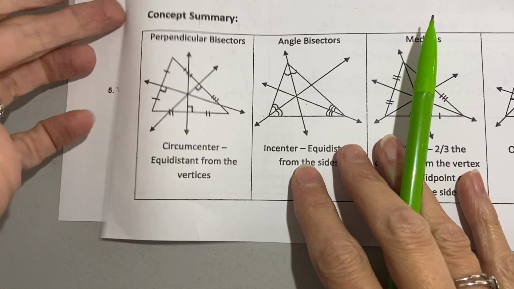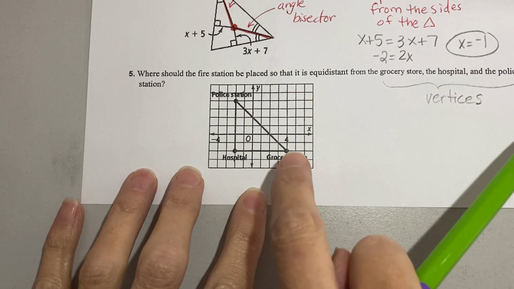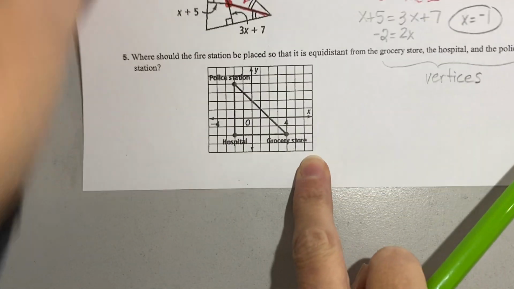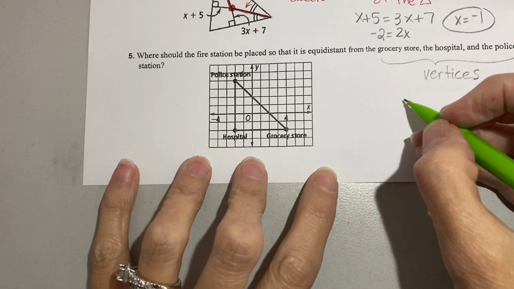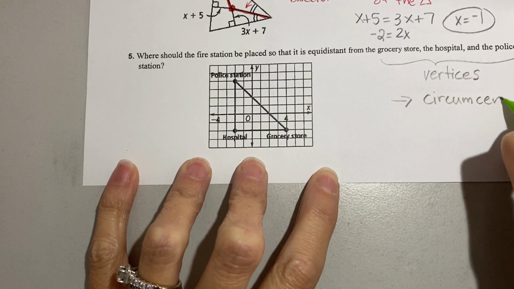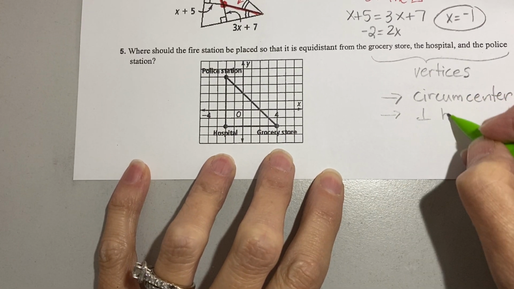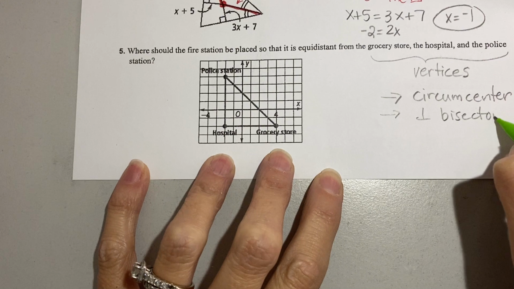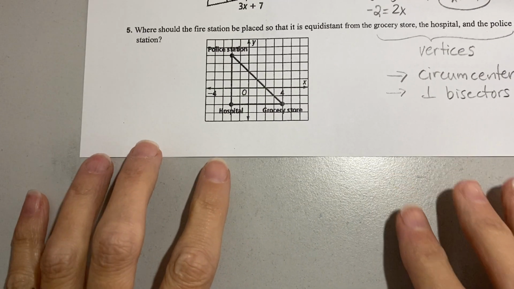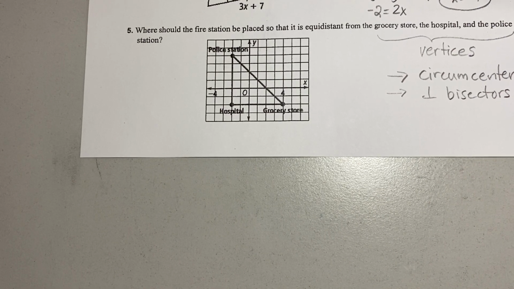So it doesn't seem like it, but this question is the same question as question number 1 and question number 2. Because equidistant from the vertices is the circumcenter. And the circumcenter comes from the perpendicular bisectors. So it's the same exact question as 1 and 2. All right, so you guys answer that one. Draw those perpendicular bisectors and see where they cross.